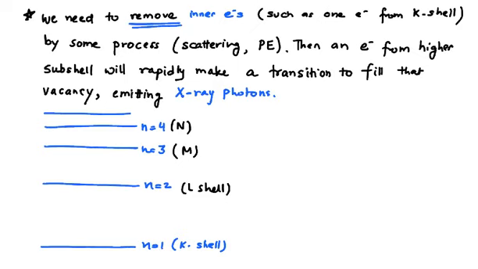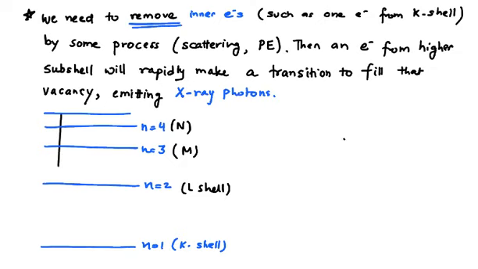So when a 1s electron is removed, which was here in the n equals 1 shell, then an electron from L, M, and N can make the transition.